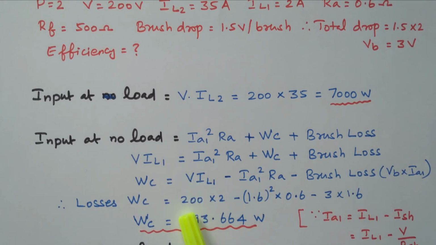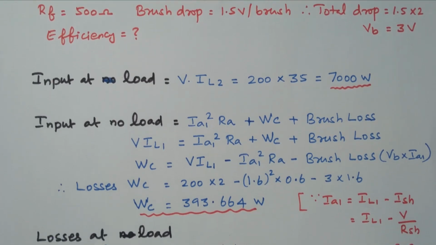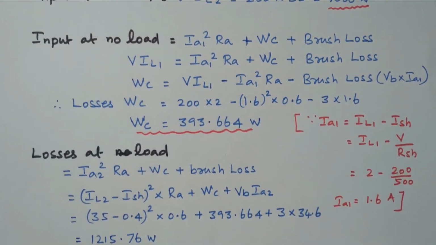So the voltage is 200 into IL1, which is 2 A, the no load current. Then IA1 is 1.6 A, into 0.6 ohm, minus 3 into 1.6. The total brush drop is 3 V and the armature current is 1.6 A. This armature current is calculated separately, as it is not given.